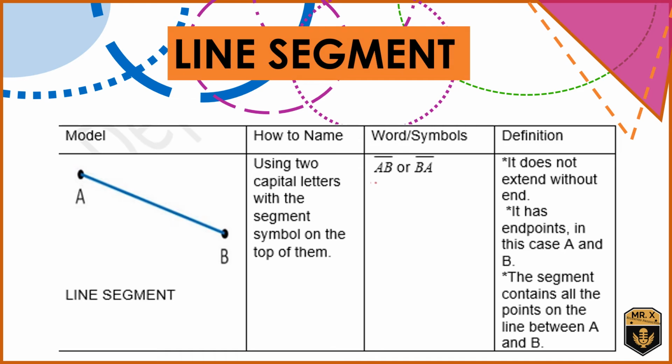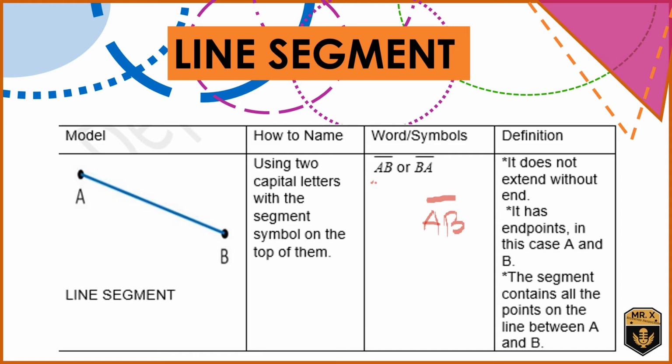Look at the word and symbols. It is called AB. Okay? Line segment AB. The symbol of a line segment is a bar on top without an arrowhead. Okay, so, segment AB, or line segment BA. It can be interchanged.